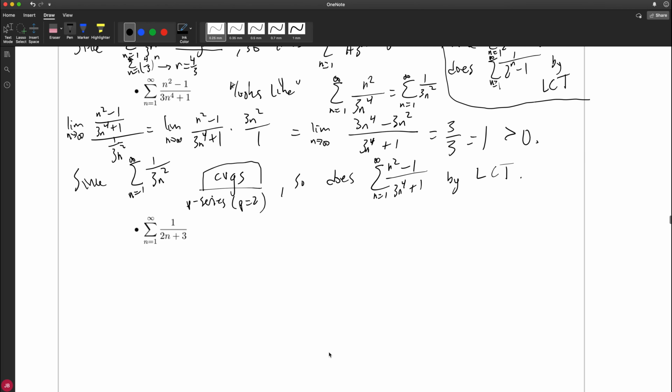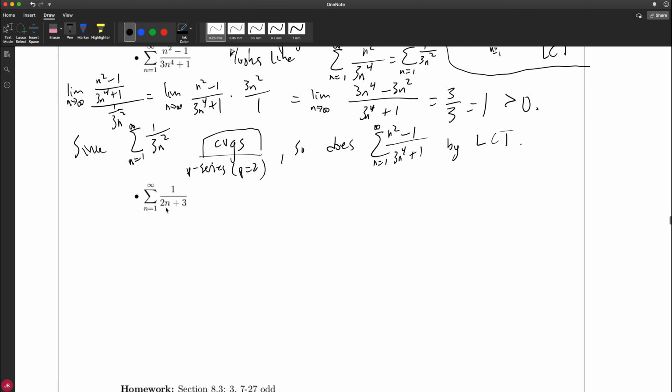All right. And now finally here, well, what does this look like? There are no terms to sort of eliminate in the numerator, so this is still the sum of 1 divided by, and in the denominator I think we can just keep the 2n.